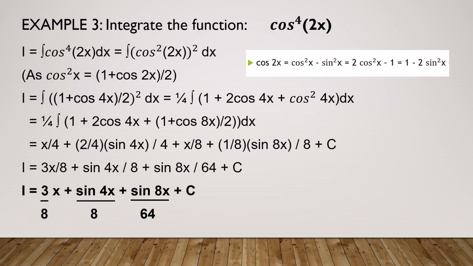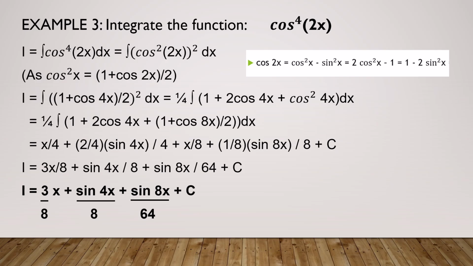1 upon 4 taken outside. Now cos square 4x is there, so we use the same technique we used just now and write it as (1 plus cos 8x) by 2, upon 2. So you will have the first term x by 1, that is, the integral of 1 is x. So it is x by 4, since 1 upon 4 was outside.